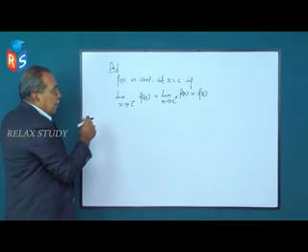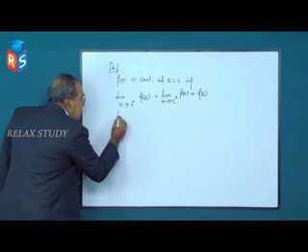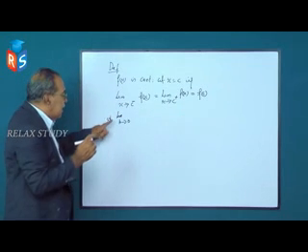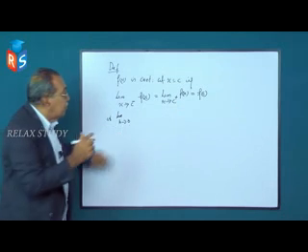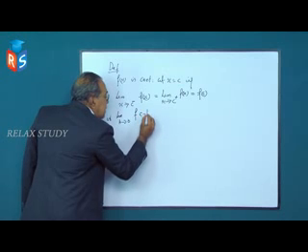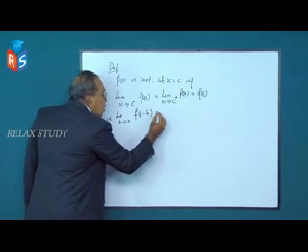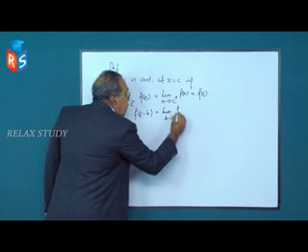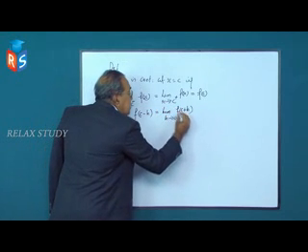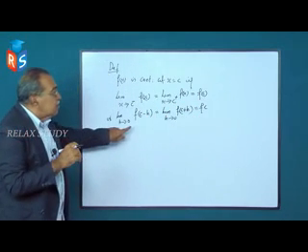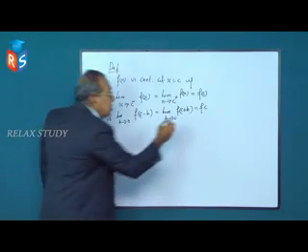Or we can say the limit as h tends to 0 of f(c minus h) is equal to the limit as h tends to 0 of f(c plus h) is equal to f(c). Then we say the function is continuous at x equals c.